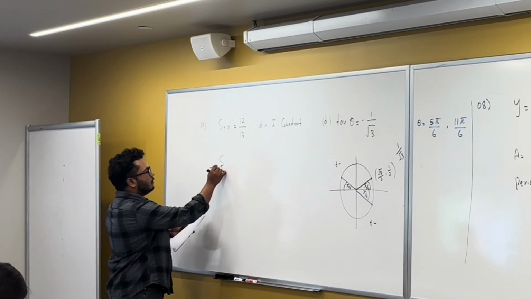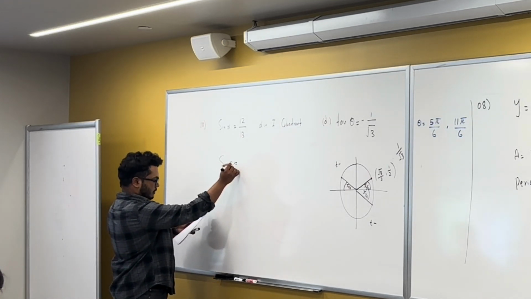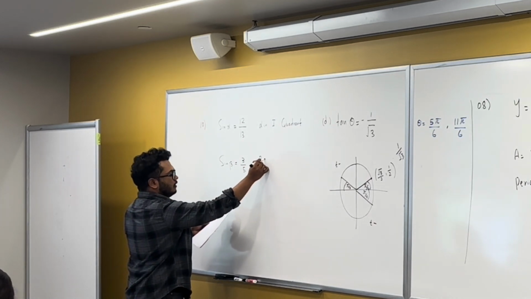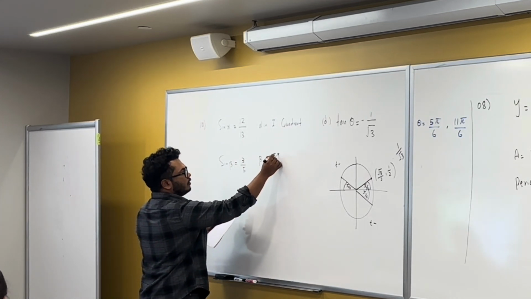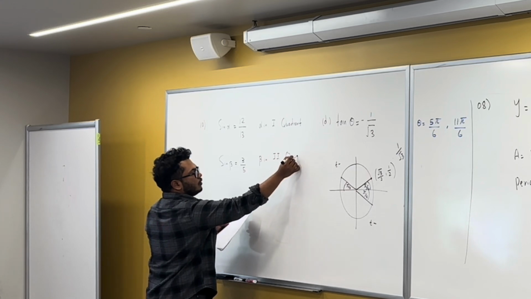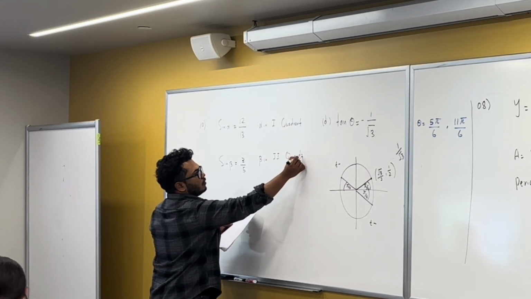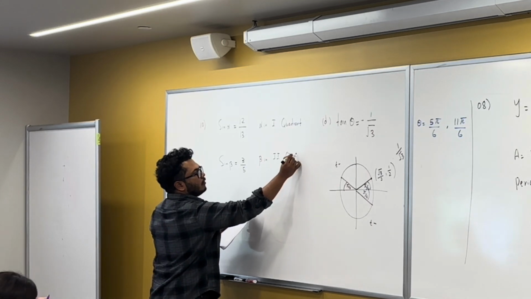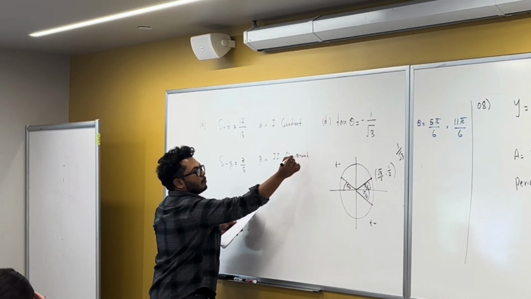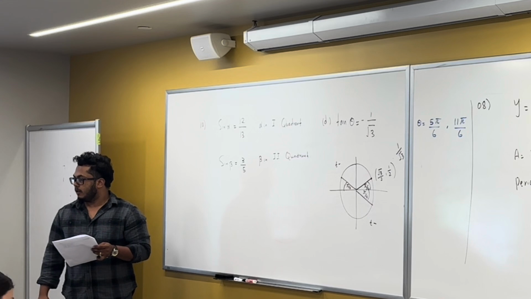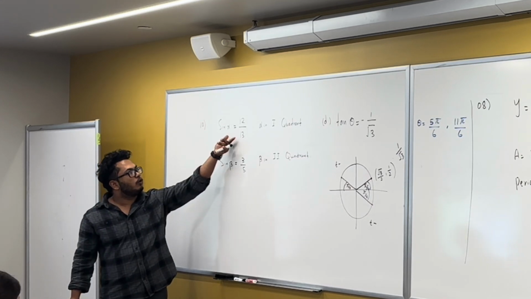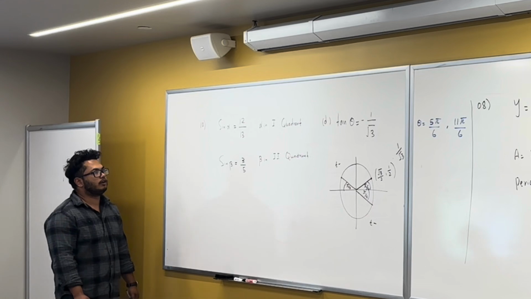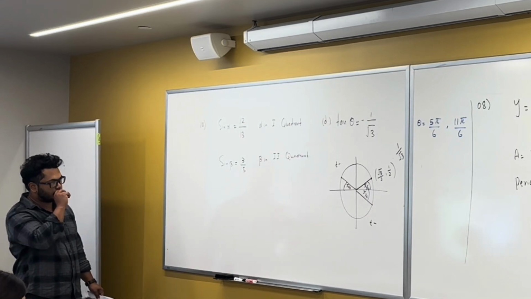Sine beta also given, 3 over 5, and this time beta in second quadrant. So this is like an acute angle. The other one is greater than 90. Okay, it's not an acute angle. It's in the second quadrant.